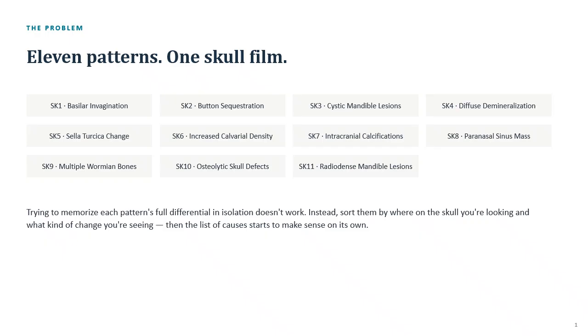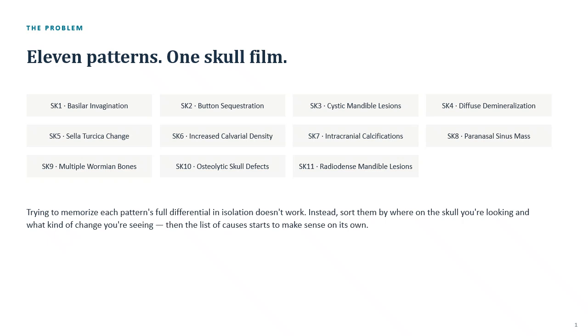And what does that abnormality actually look like? Again, we're not making the diagnosis, but we should be interested in what we're seeing. Is the problem associated with the shape? Is it associated with the density? Is it associated with something inside of the skull, or is it associated with some sort of focal hole?